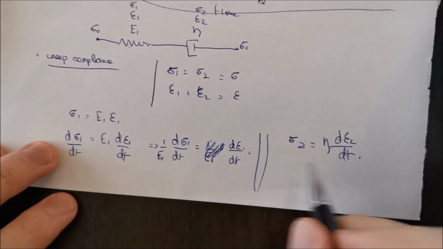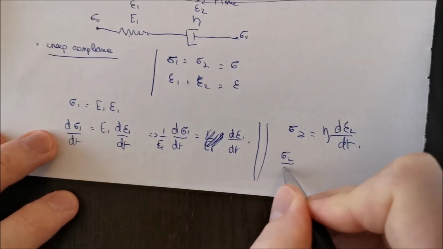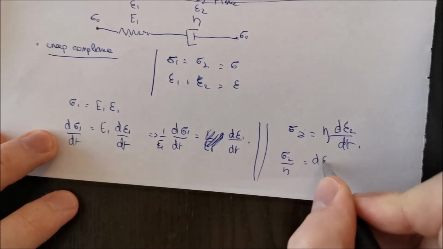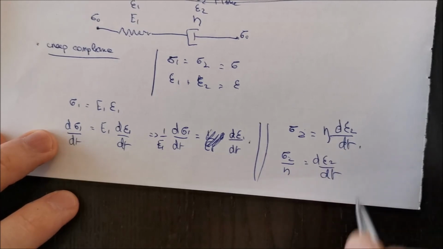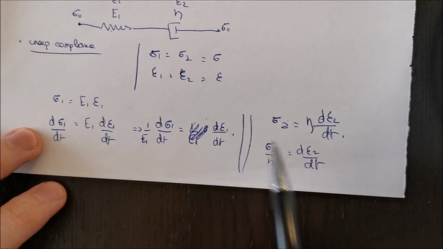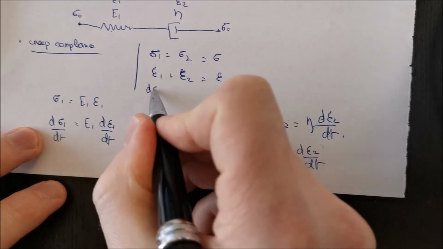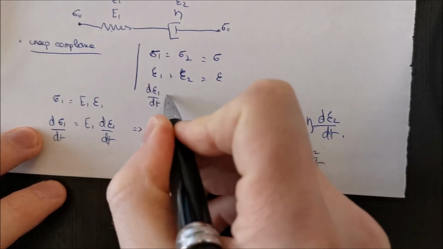This is the expression that we know for a dashpot, so we can rewrite it. Now we have d epsilon 1 over dt and d epsilon 2 over dt, the two derivatives. We remember this expression, and we can also state this, right?